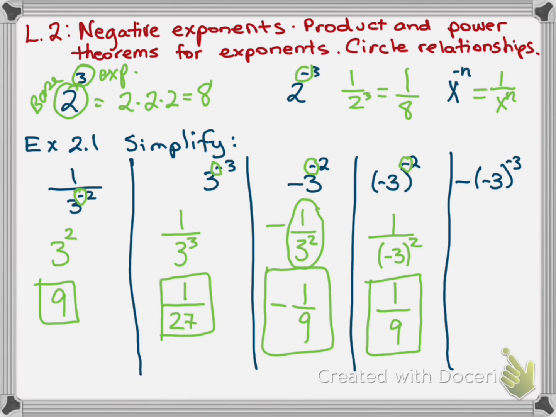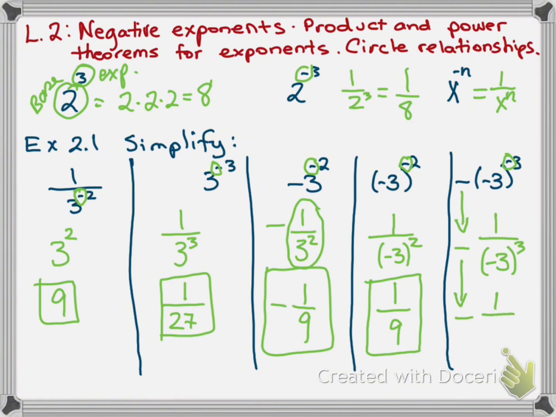Finally, we have several negatives here. But again, we're going to start with the one in the exponent. So we're going to keep this negative until the end. And then we're going to write the reciprocal of negative 3 and then exponent 3. And if I simplify that, I'm going to bring down this negative.